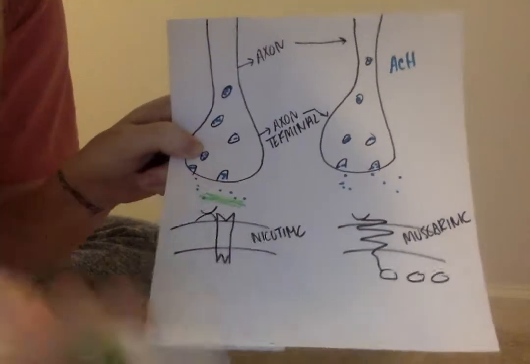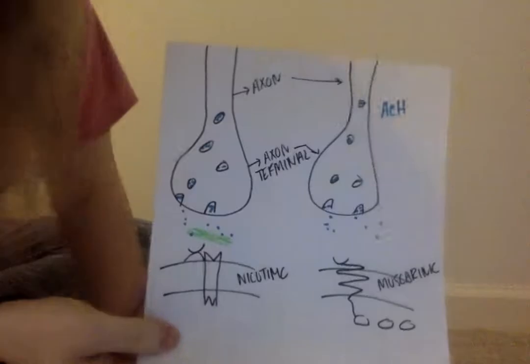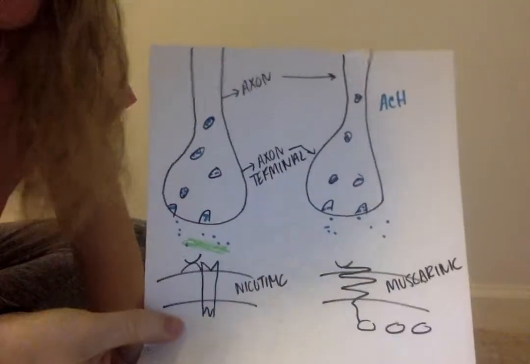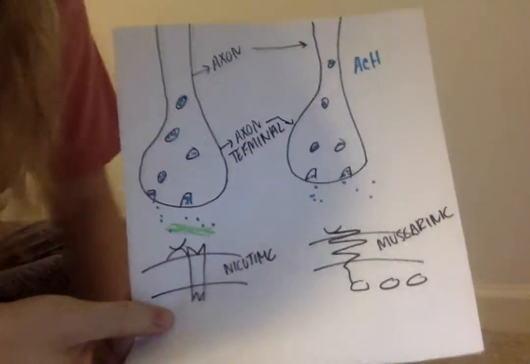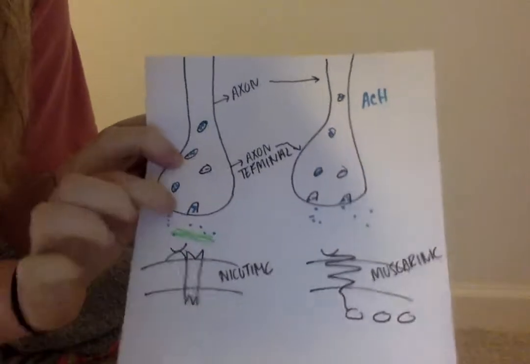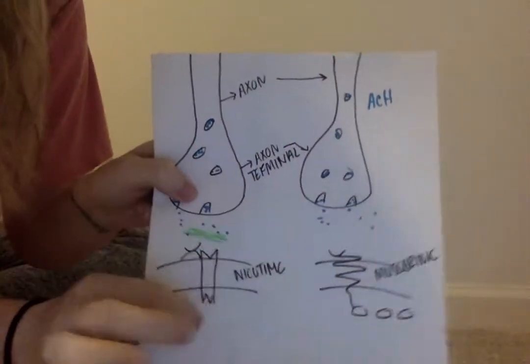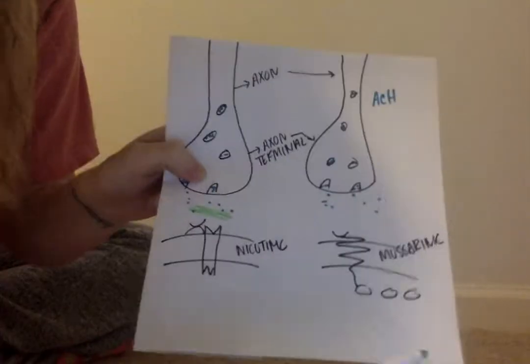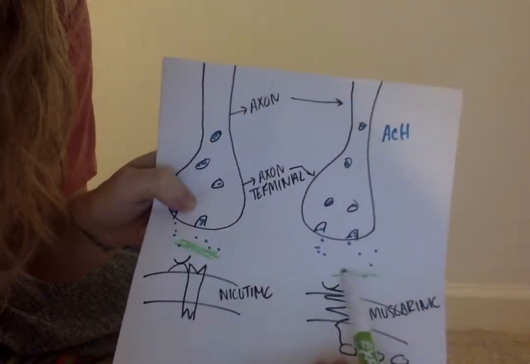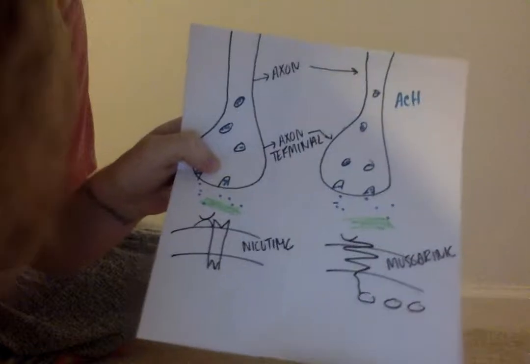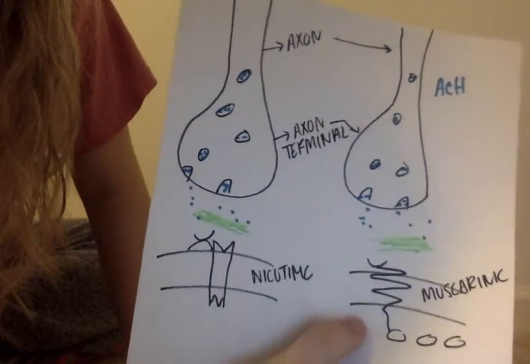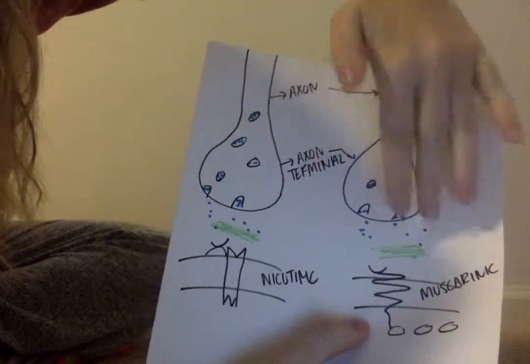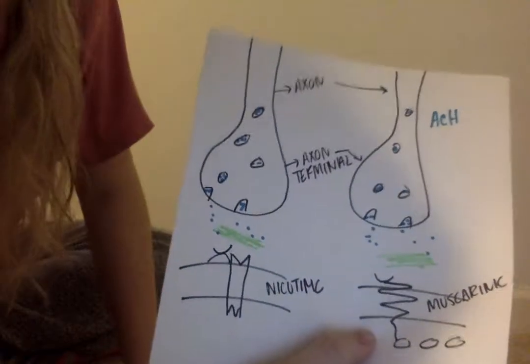Can anyone guess what the substance might be? It's nicotine. If I introduce nicotine into this neuromuscular junction, it's going to be activated because this is a nicotinic receptor. If I introduce nicotine into this neuromuscular junction and there's no acetylcholine, my acetylcholine has been broken down.